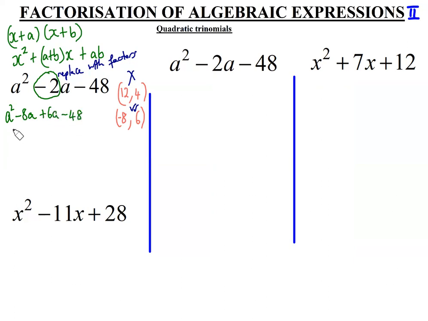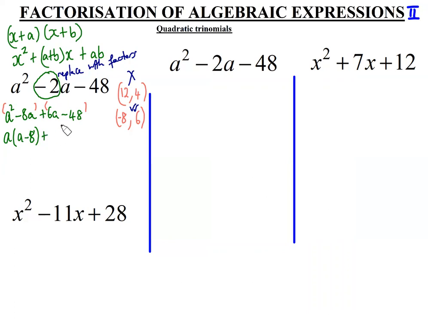Now from this, we look at the first two terms and factorize them, and we also factorize the second two terms. We factor out a, so we have a outside, and we are left with a minus 8.